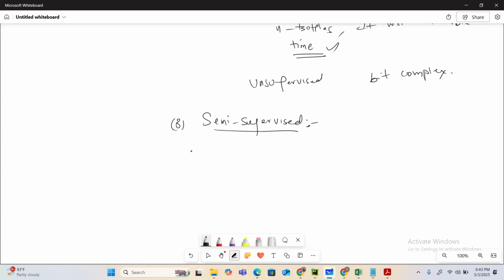Now, the third piece of it is semi-supervised. The meaning of that, I'll take the same example. This is labeled as a sugar.